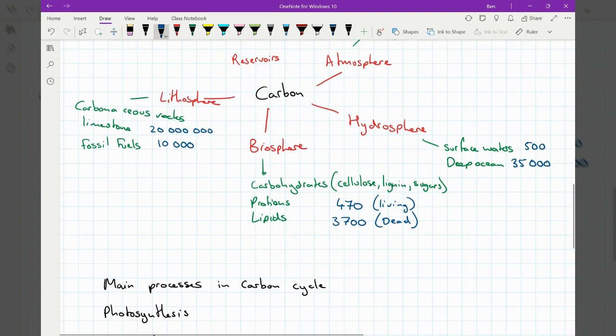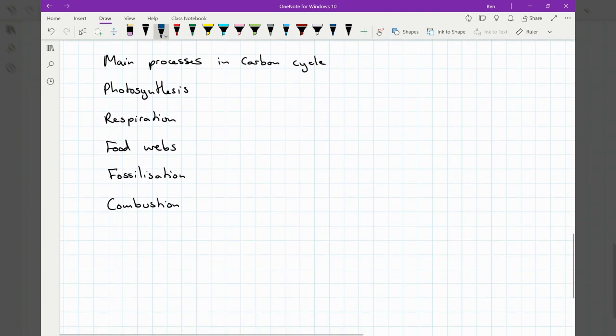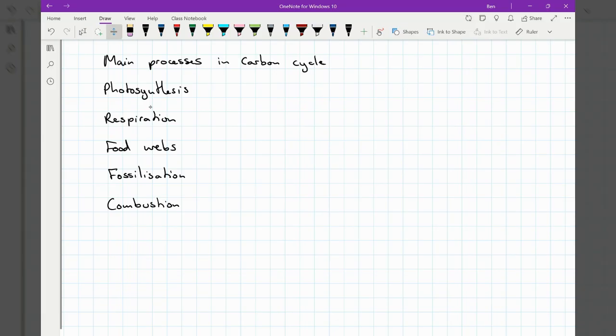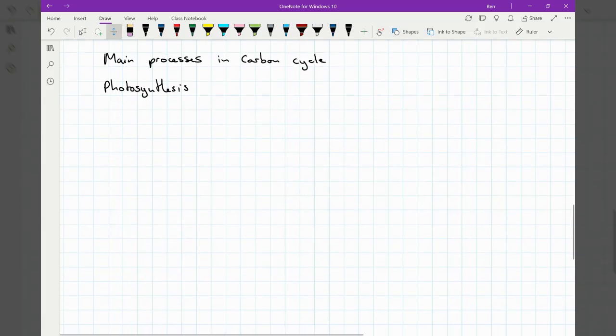All right. Now, if we just talk briefly about the main processes in the carbon cycle, one of the most important you'll have seen is photosynthesis.